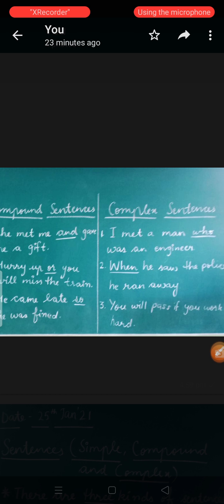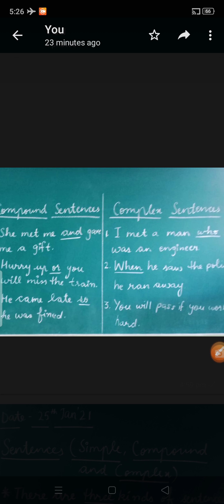Here, who was an engineer is a dependent clause and who is a subordinating conjunction. Clear, students? Always remember, in most cases, we use one independent and one dependent clause. In rare cases, the independent clause will remain one only, but we can use one or two dependent clauses.